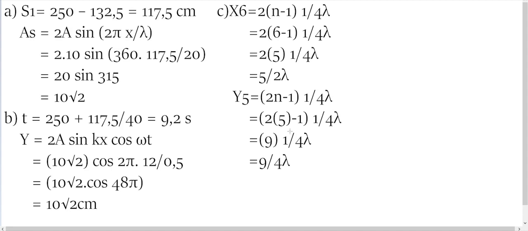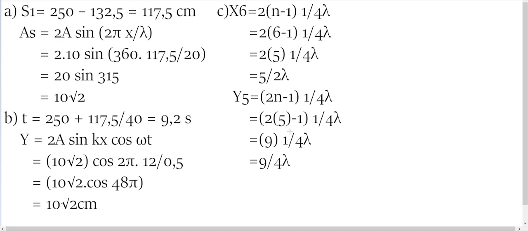And for the third question, as I said before, for the formula, we have for the node here, which is the 6th node, that means we can just put x6 equals 2 times 6 minus 1 times quarter lambda, which we can find here that 6 minus 1 is 5, and times quarter lambda, 2 times 5 is 10, and that means the answer is 5 per 2 lambda.